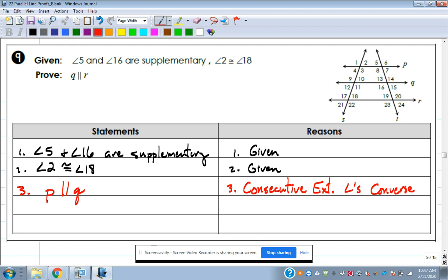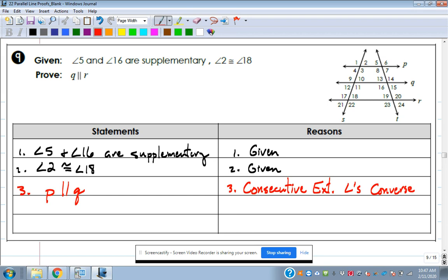Okay, so if P is parallel to Q, and we know that 2 is congruent to 18, how are we going to use that? We hadn't used that part of the given yet. So in the next lines, that's got to somehow be related. Surely they didn't give us information we didn't need. 2 and 18 are corresponding, and they are congruent.